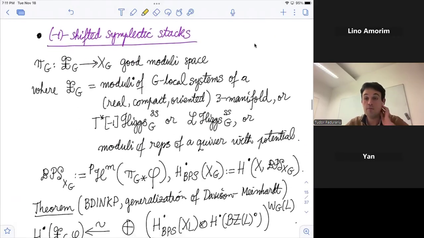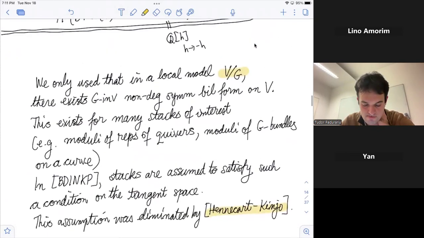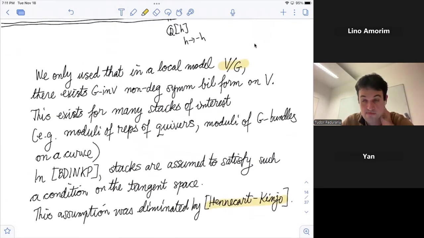Tudor, before you go to this, Calabi-Yau 3, you said that these BPS sheaves do not always come from IC. When they do or when they don't, there is some abstract construction by gluing.